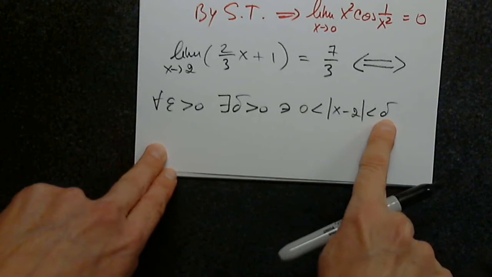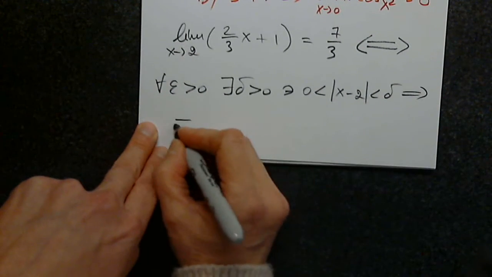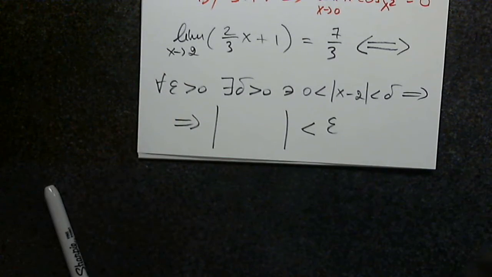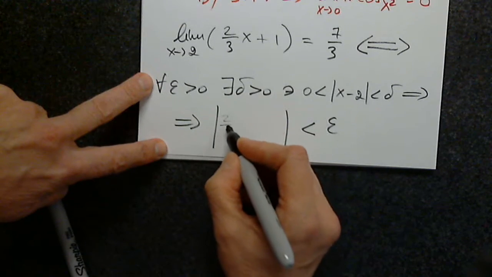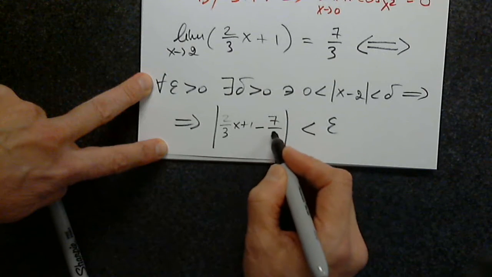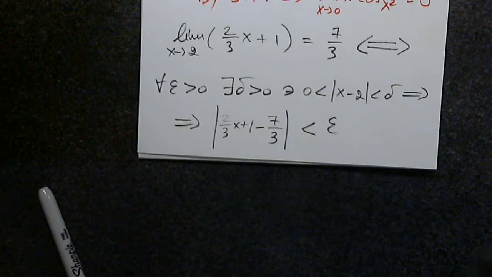Not bigger than delta away from 2, this will always imply what? 2/3 x plus 1, this is the function, minus 7/3, the function minus the limit: the function value for that x will be epsilon away from the limit.